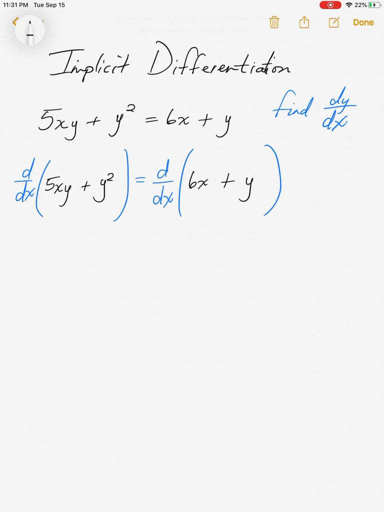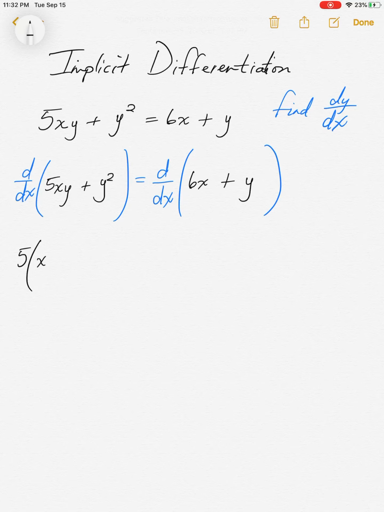It can get tricky fast, so I'm going to need you to be paying attention with me. In this first piece, we have 5 times the derivative of x times y. That means we have a product rule right there.